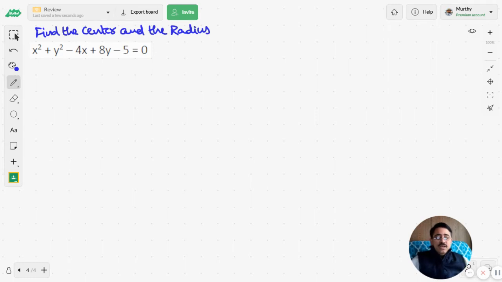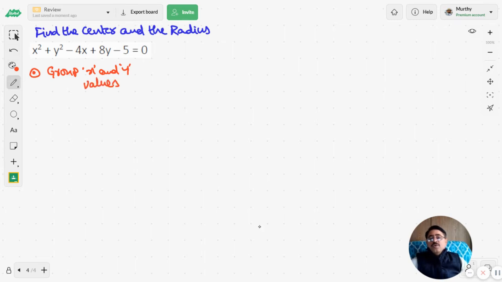So what to do is, I'm writing steps. Step 1 is separate, group x and y values.